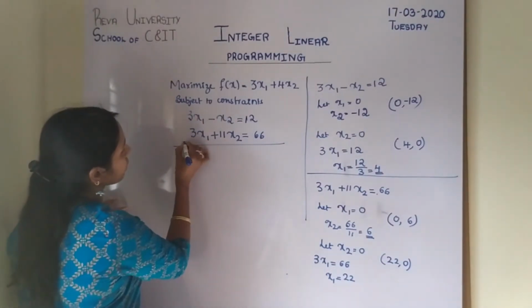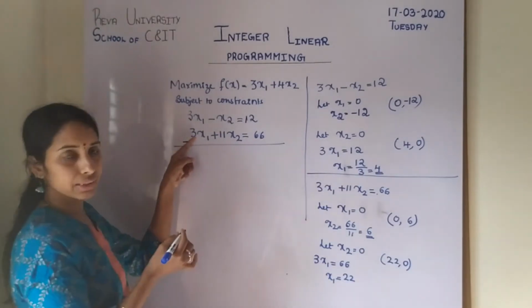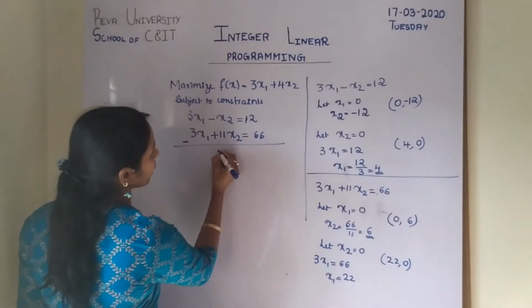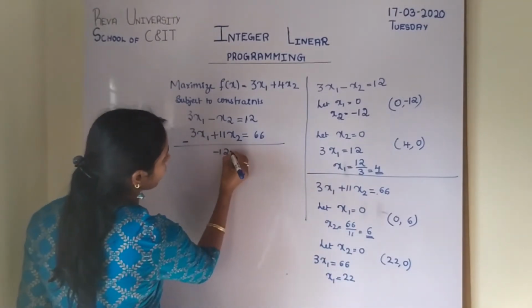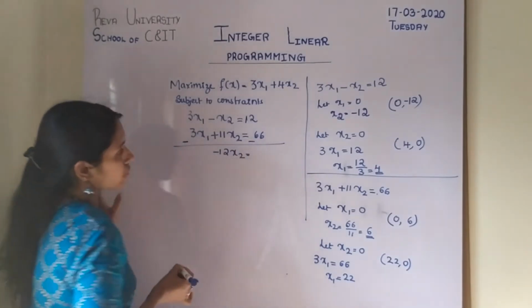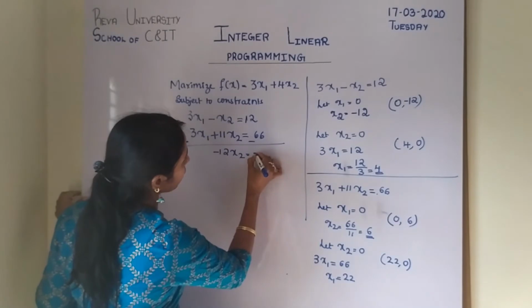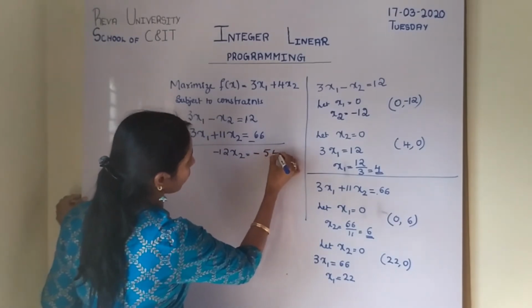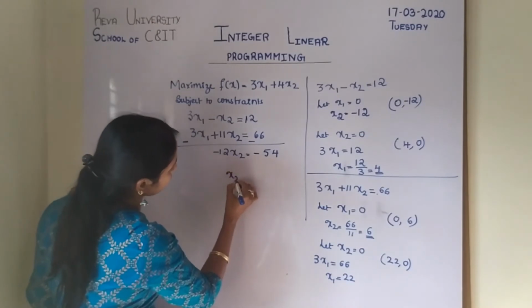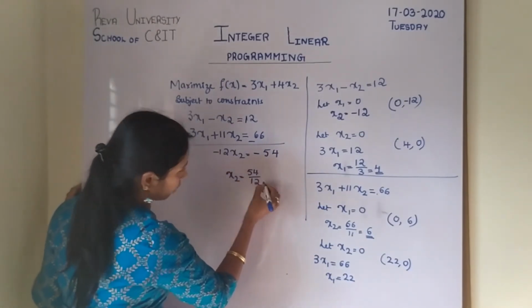So what happens if you subtract? 3x1 minus 3x1 you will get 0, minus x2 minus 11x2, so this becomes 12x2 equal to 12 minus 66, so you will get 54. Correct? So x2 will be equal to 54 divided by 12.